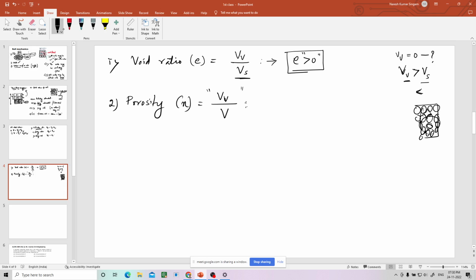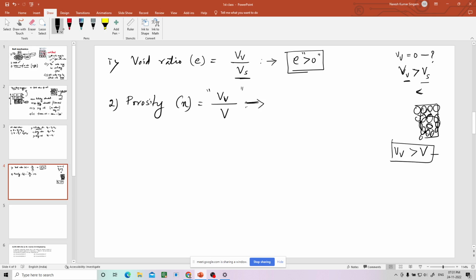Fine. Now I hope you can tell me the range in between which n falls. Can somebody tell me the range? Can Vv be more than V? Volume of voids greater than the total volume of the soil.